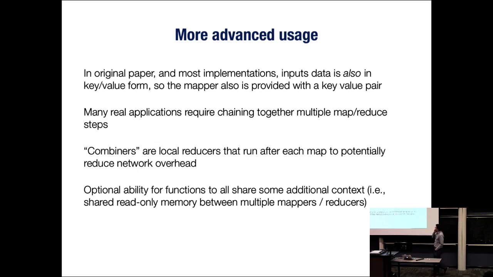The other thing, which is related but separate too, is that in many real cases you actually have to chain together multiple map and reduce steps. So maybe you count your words, but then in the last step you find the word that occurs the most in your document.